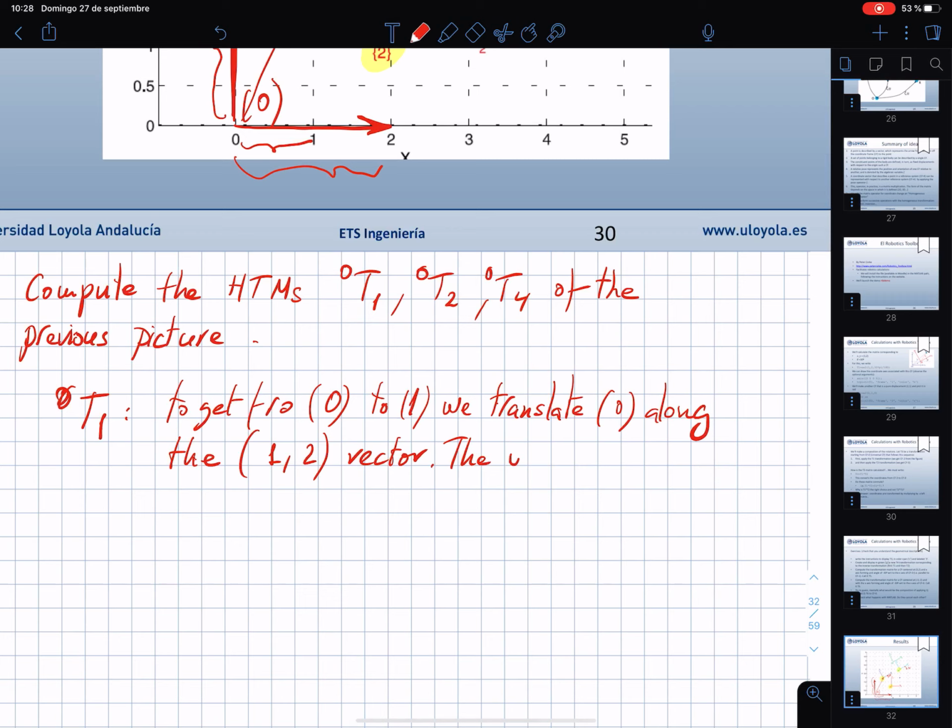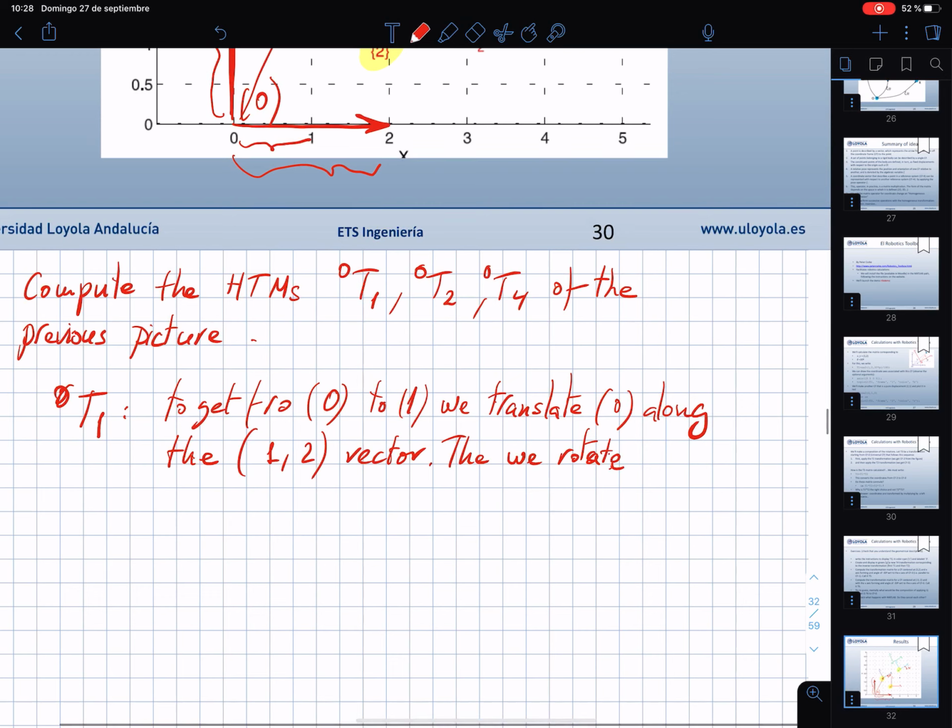Then we rotate around the resulting coordinate frame, and I will write that because it's important: the frame resulting from the first displacement, around the origin of the resulting frame, plus 30 degrees.